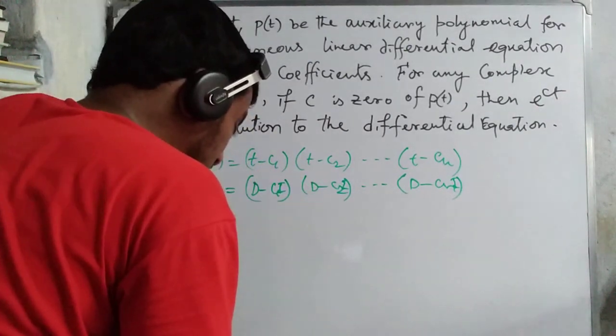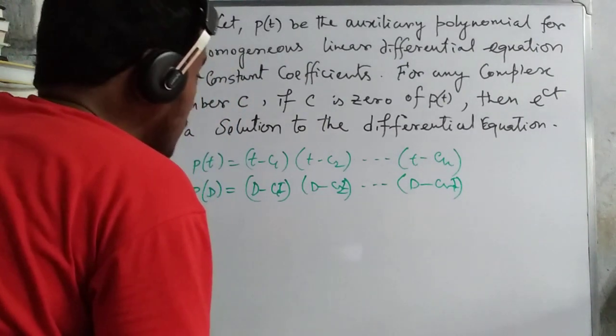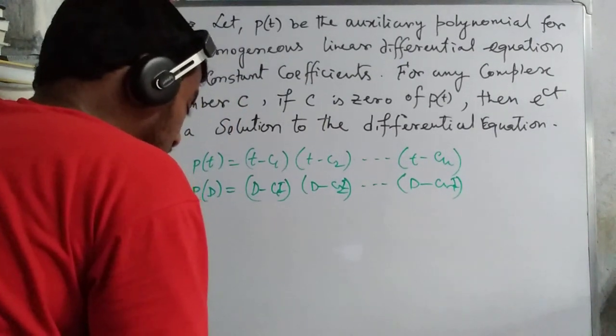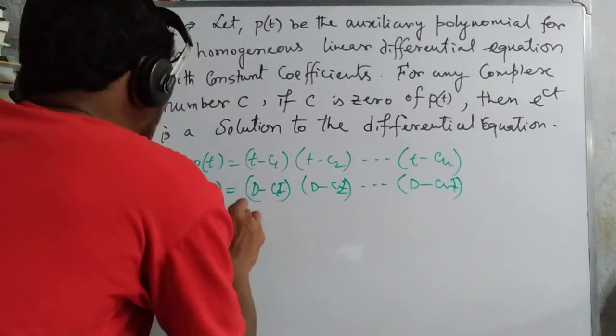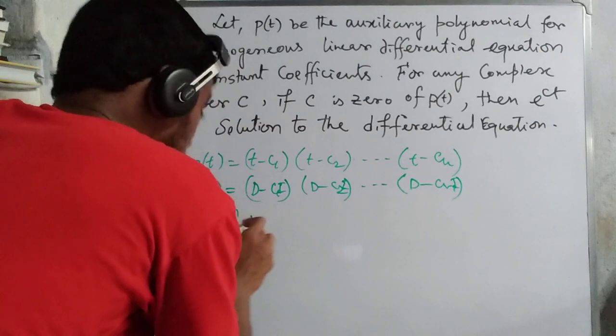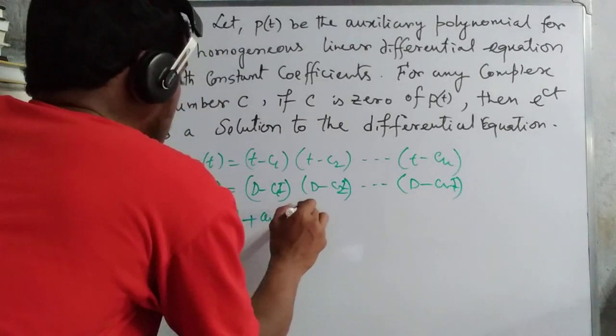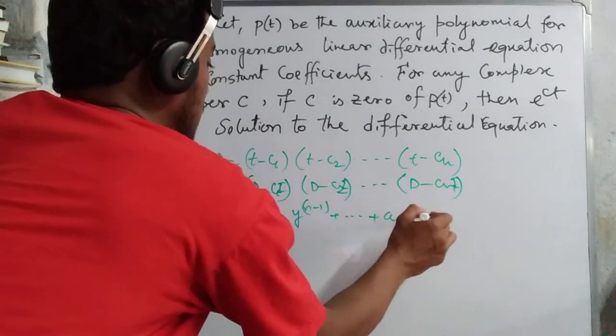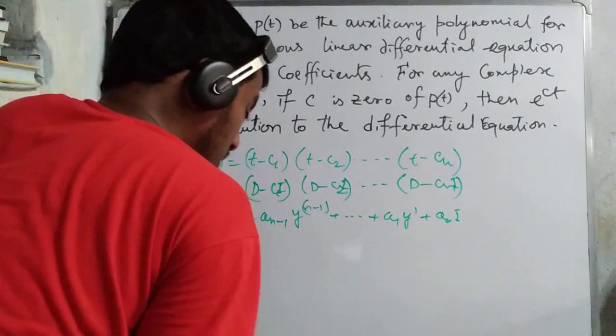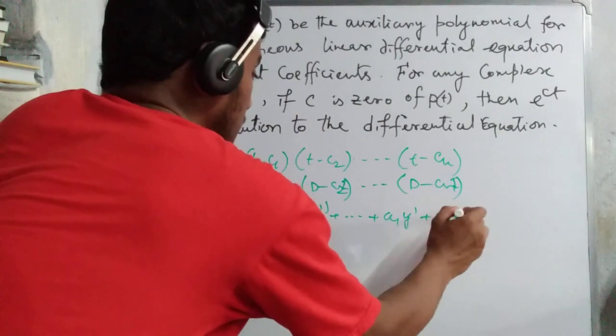Then obviously we write it here: y to the power n plus a_{n-1} y to the power n minus 1, dot dot dot, a1 y dash, and a0 y equals 0.